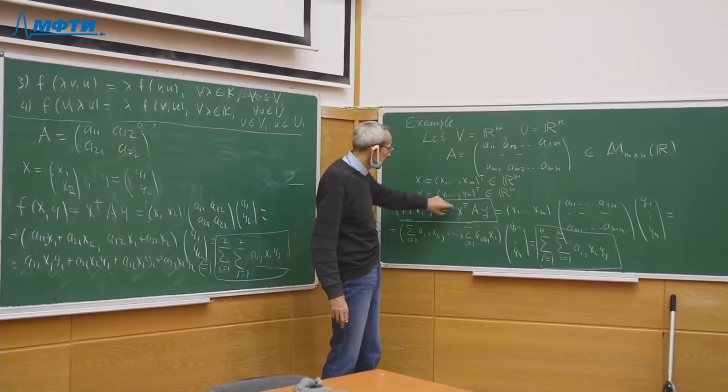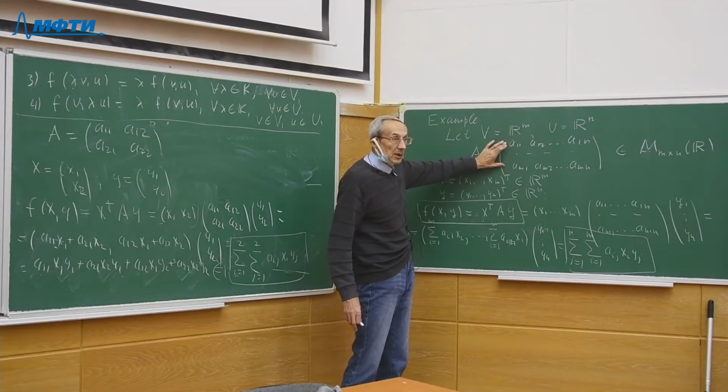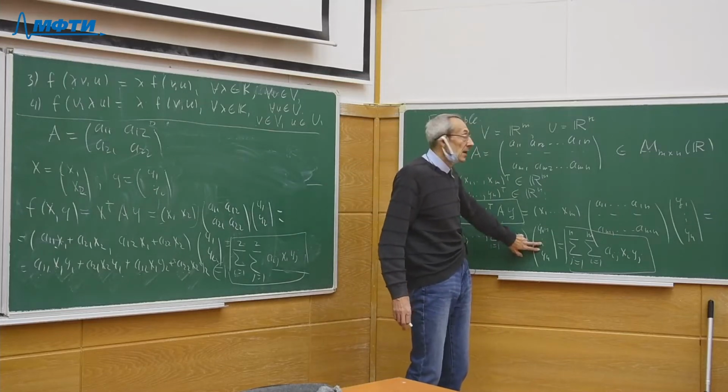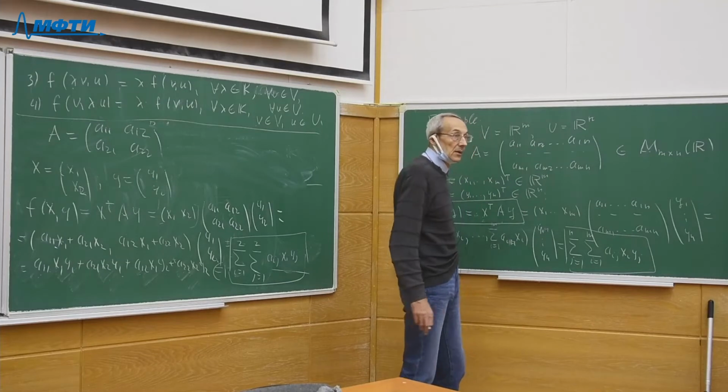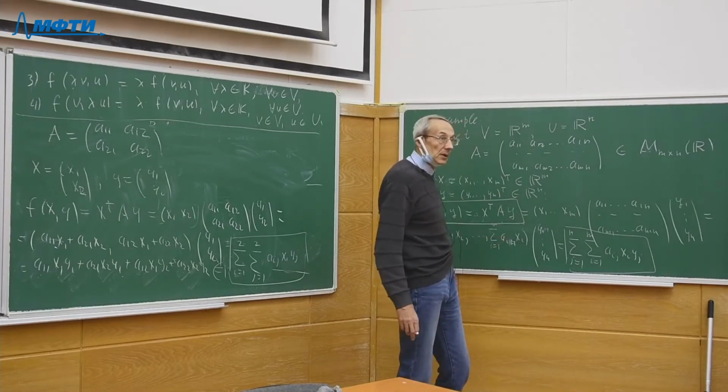Because the size of this vector coincides with the size of the columns of the matrix A, and the size of this vector coincides with the size of the rows of this matrix. Each product is well defined.